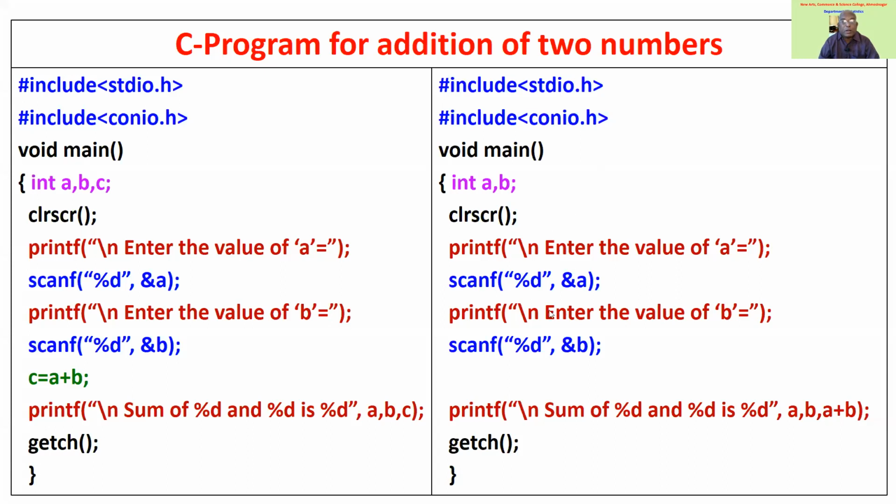So this is the program which requires one variable less. One variable less means 2 bytes of memory are not used, and that is why, for memory management purposes, for writing the program in minimum memory, this type of logical thinking is very important, and this is quite possible in C language.